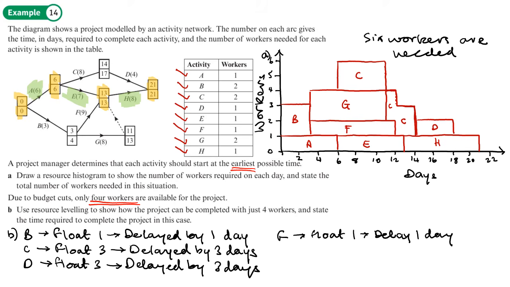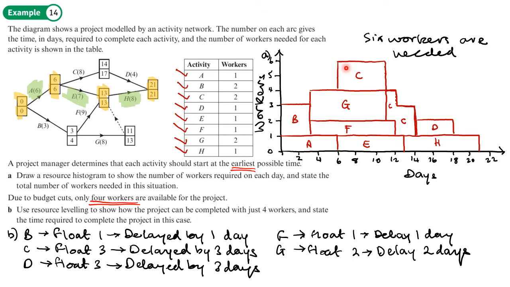And then the last activity that's got any sort of float is going to be G. And G is going to be 13 minus 8, which is 5. 5 minus 3 is 2, so G's got a float of 2, so we can delay by 2 days.